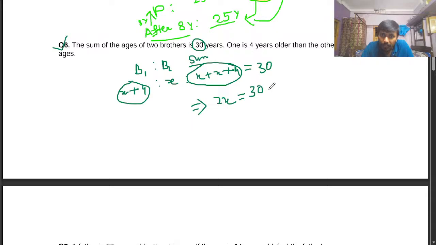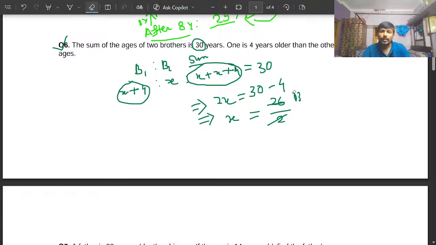So 2x equals 30 minus 4, that is 26. Then x equals 26 divided by 2. Cancelling out, we are getting 13.